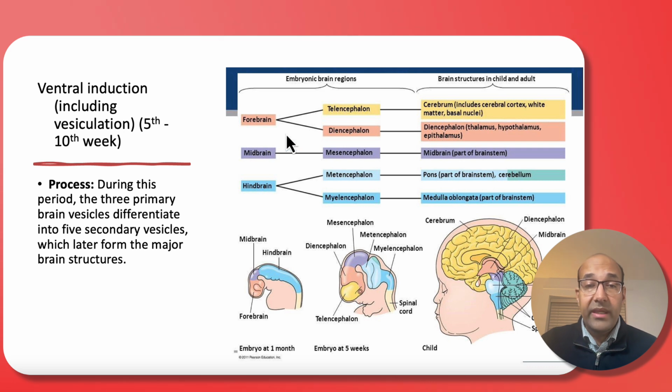The forebrain will be further divided into telencephalon, which will form the cerebrum, and diencephalon, which will form the thalamus, hypothalamus, and epithalamus. Midbrain, mesencephalon, will go to midbrain. The hindbrain will divide into metencephalon, the pons and the cerebellum, and the myelencephalon, which will go to the medulla oblongata.